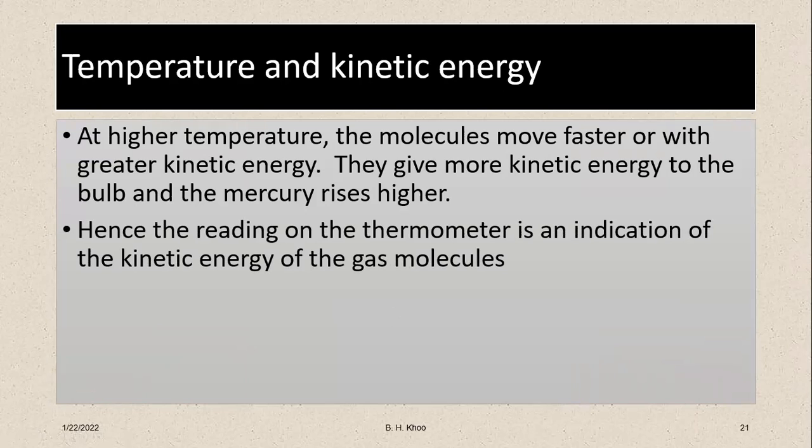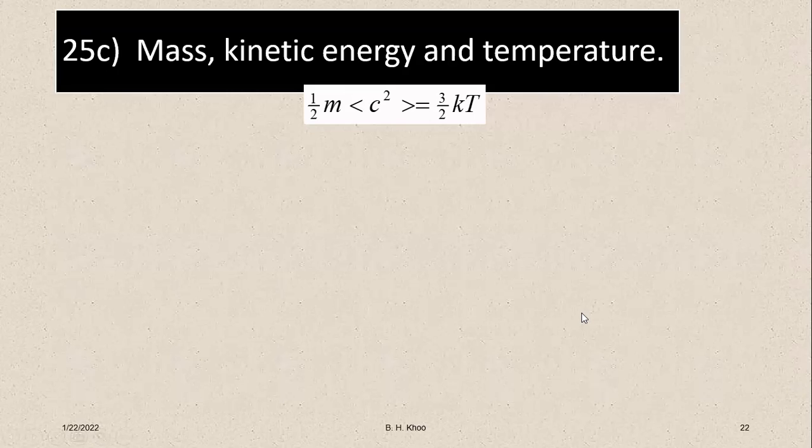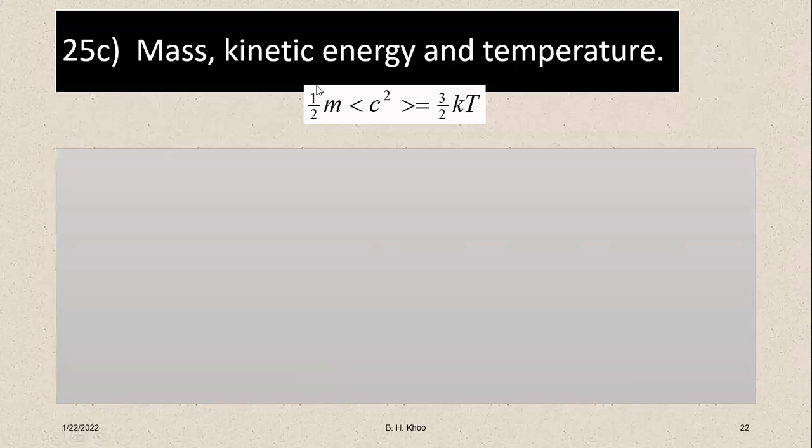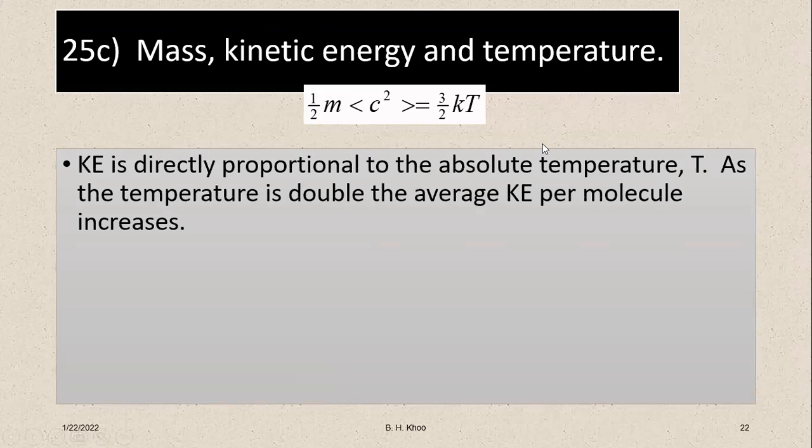At higher temperature, the molecules move faster, with greater kinetic energy. They give more kinetic energy to the bulb and the mercury rises higher. Hence, the reading of the thermometer is an indication of the kinetic energy of the gas molecules. We are just using this formula to relate mass, kinetic energy, and temperature.